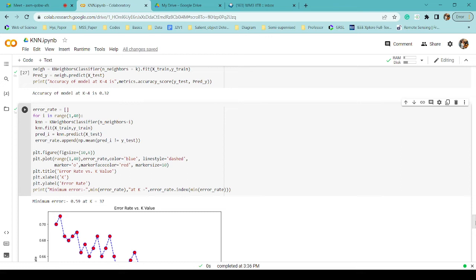We should minimize the error as much as possible. We cannot neglect it, we cannot keep it at zero. We have to see when the error rate is minimum and the accuracy is maximum, and at that point we decide our parameter value.